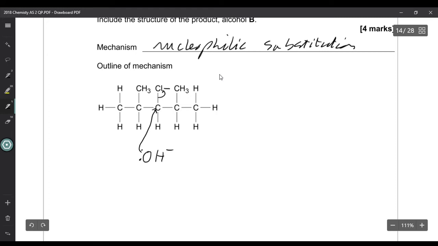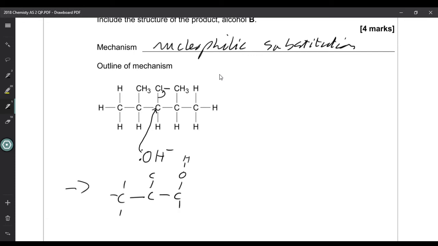Okay, so that is going to give us a structure of the C and the 3 hydrogens. It's going to give us our carbon and another carbon up there. This is the carbon that's now got the OH attached.